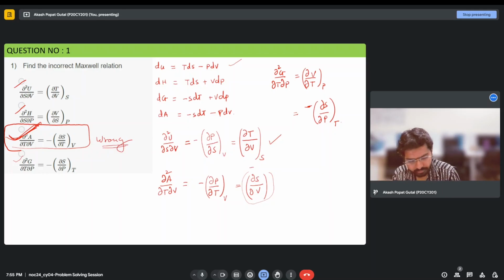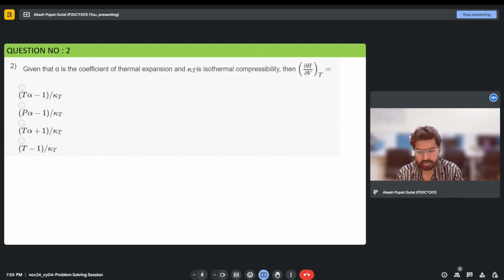So the next question is: given that alpha is the coefficient of thermal expansion and kappa T is thermal compressibility, then del H by del V at constant temperature should be. Let's try to solve this problem.